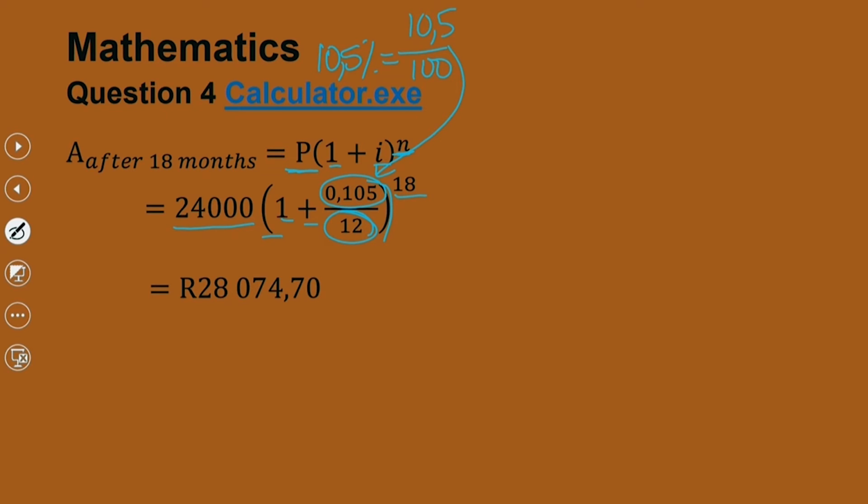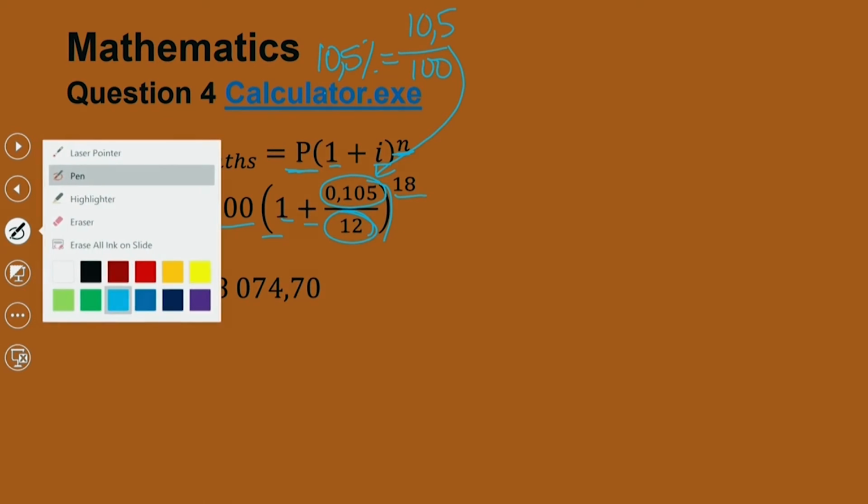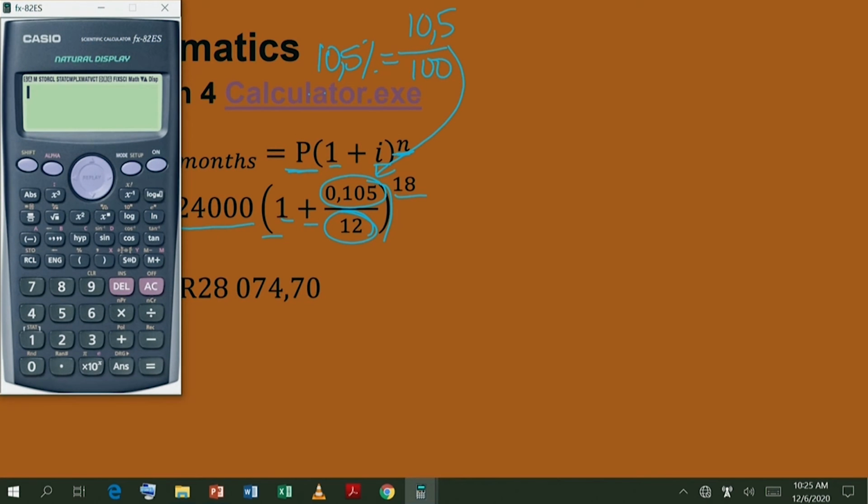All right. Now we can use our calculator to work this out. First, you will type your 24,000, open bracket, type 1, plus, then you press the fraction button, you type 0.105, divide everything by 12.